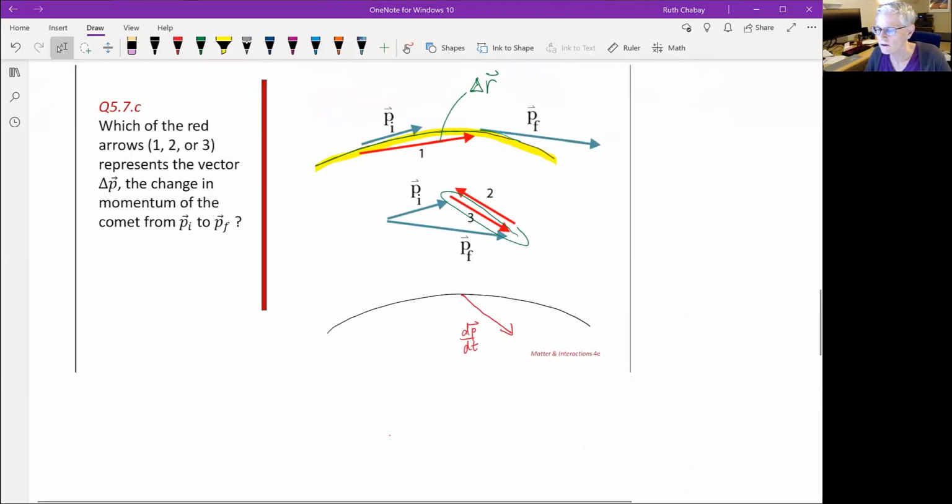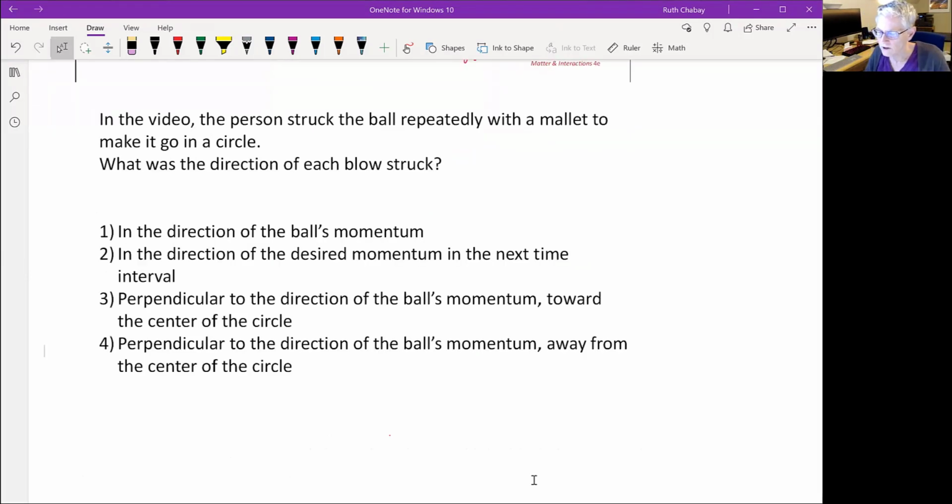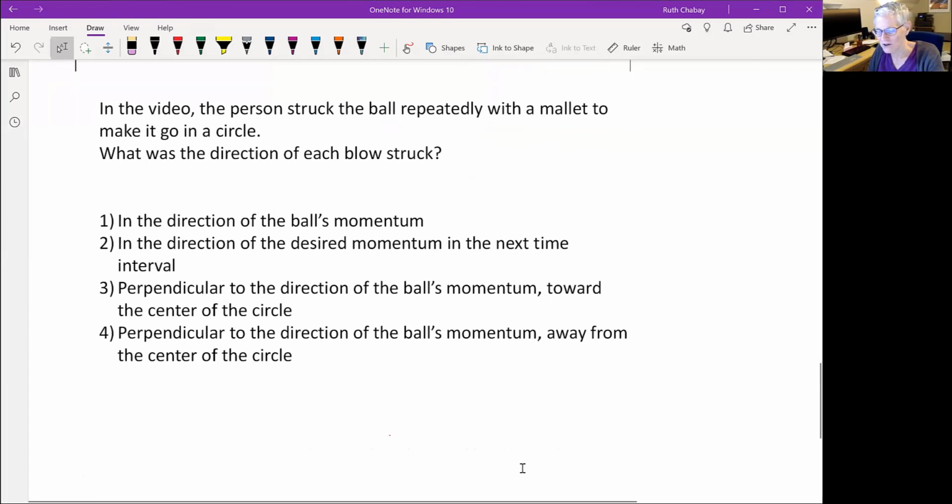So let's think about the directions of the forces that were applied here. Yes, that person is indeed terrible at golf. However, golf with a bowling ball is actually an interesting idea anyway.